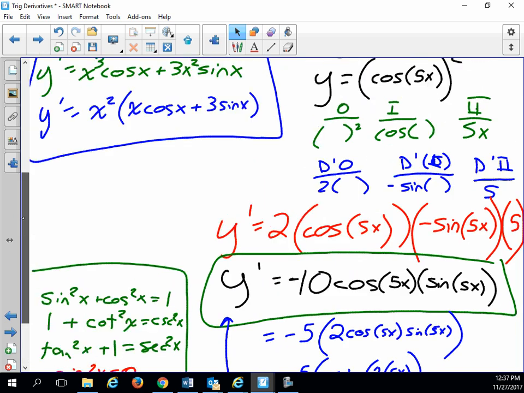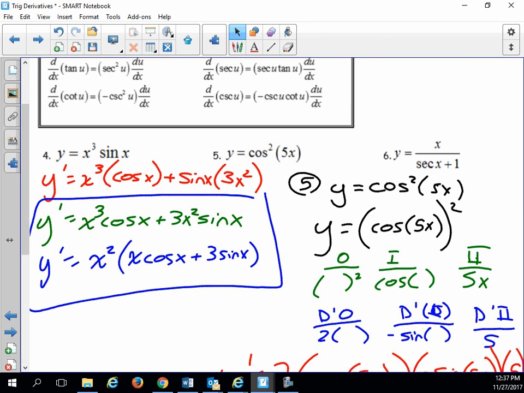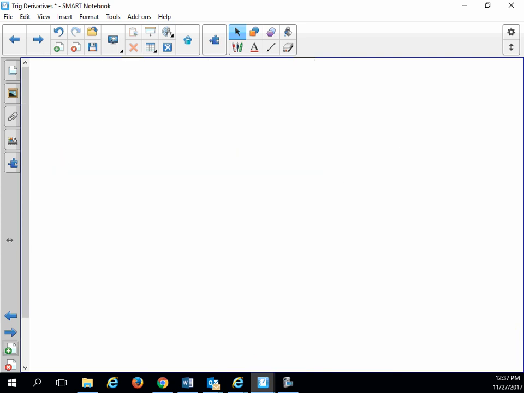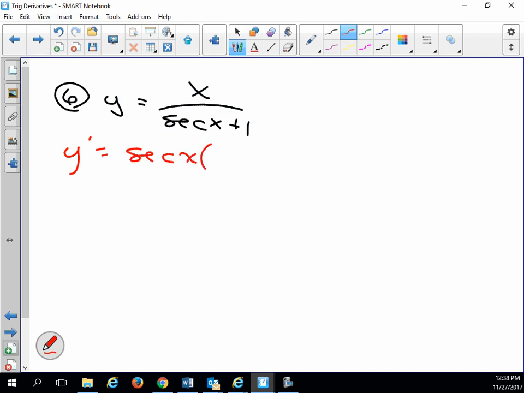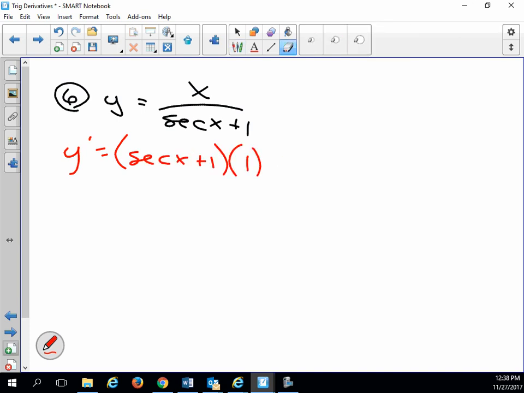Alright, so the last one of these is number 6, which is x over secant x plus 1. Low d high minus high d low, over the low squared.